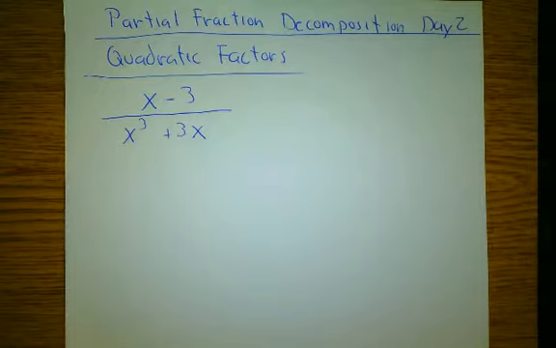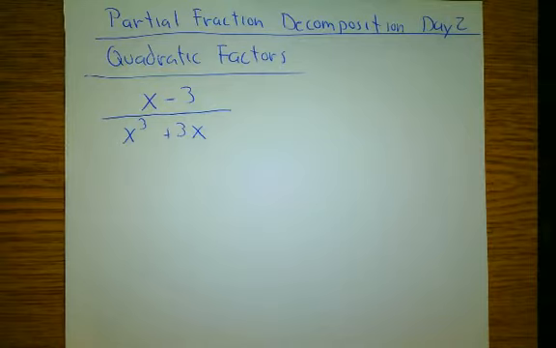There's an unlimited amount of cases if you want to call them a case, because you can have quadratic factors, and then you can have quadratic factors that repeat, and then you can have cubic factors that repeat, and so on forever. In true reality, the process for all of this is the exact same thing, with the exception of one thing for each one of them, which I'm about to show you with this problem.